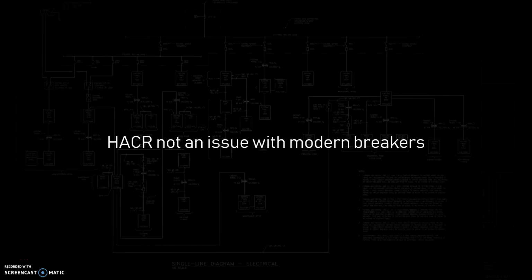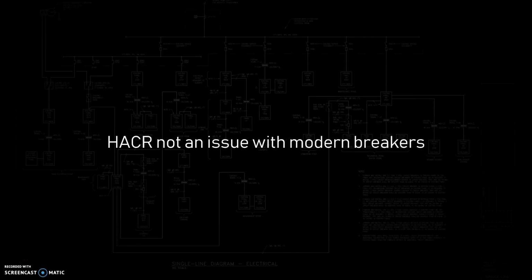One last issue I want to touch on. They get into a section on HACR rated breakers, which stands for heating, air conditioning, and refrigeration rated breakers. That's not an issue anymore. In the past, not all breakers were HACR rated, so if you were going to use a breaker to power some heating equipment, or air conditioning or refrigeration, you had to make sure you had supplied an HACR breaker.